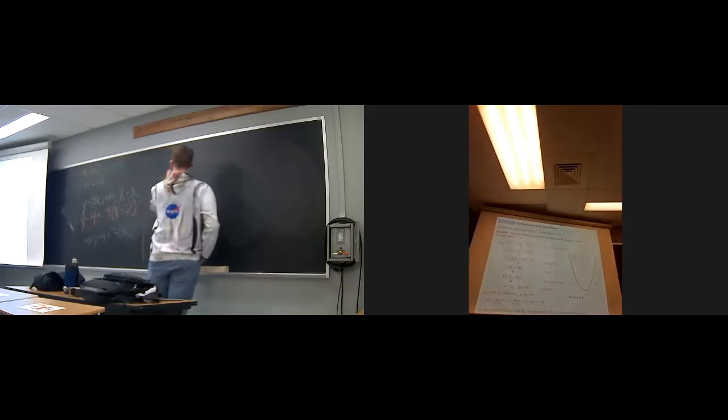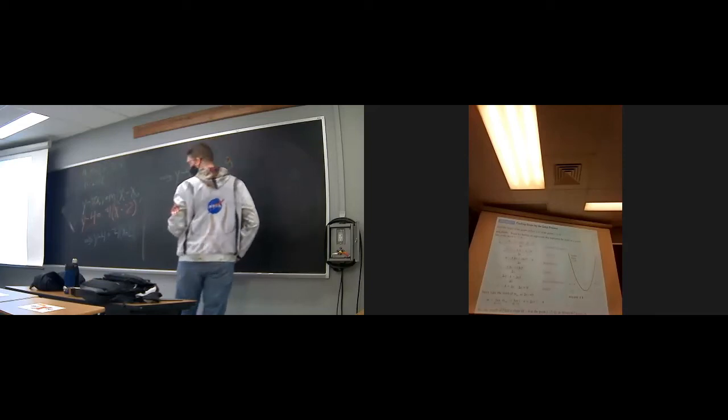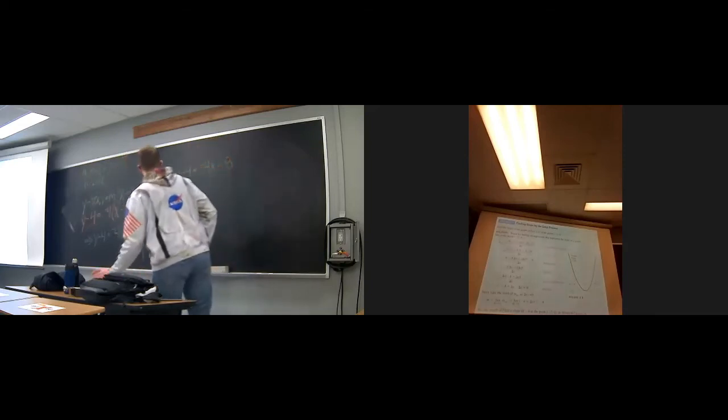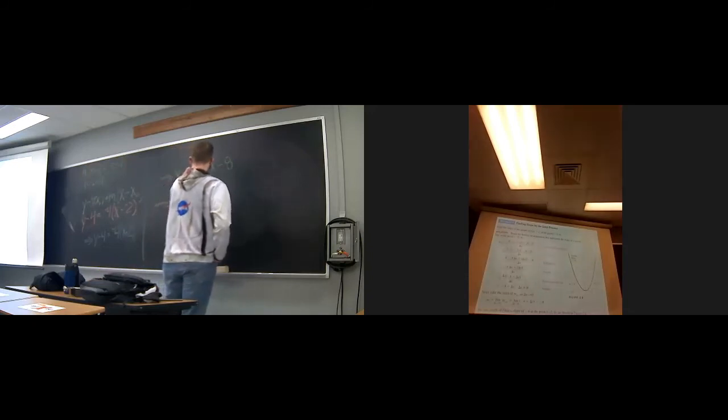Making that minus negative 2 into addition, we're going to end up with y minus 4 is equal to negative 4x minus 8, or y is equal to negative 4x minus 4.